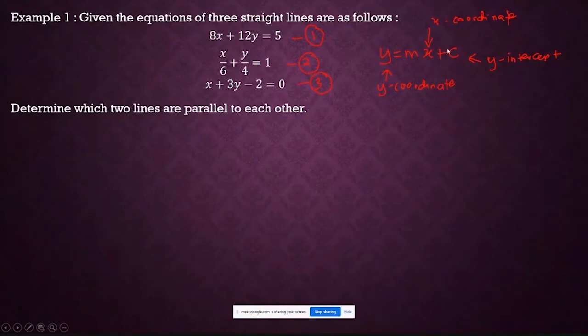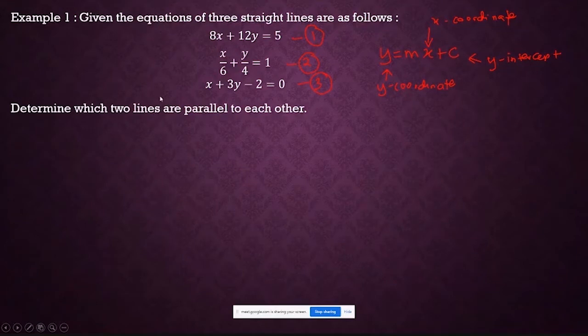The general form of the equation of a straight line is y equal to mx plus c, where y represents the y coordinate of the point, x is the x coordinate of the point, and c is the y intercept. Determine which two lines are parallel to each other.